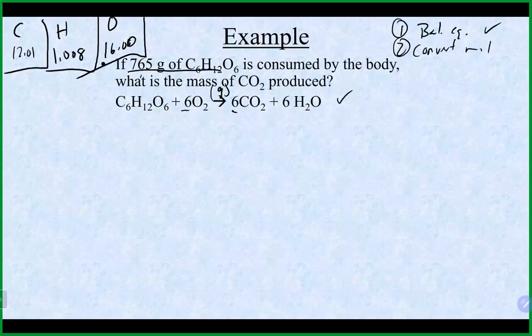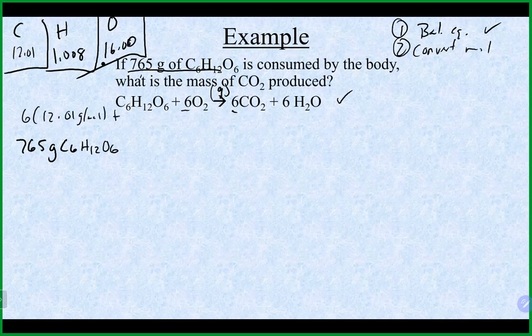So we're going to take our 765 grams of C6H12O6. We would need to go to the periodic table there, and that's going to give us 6 times 12.01 plus 12 times 1.008 for the hydrogen, and 6 times 16 for the oxygen from the periodic table.